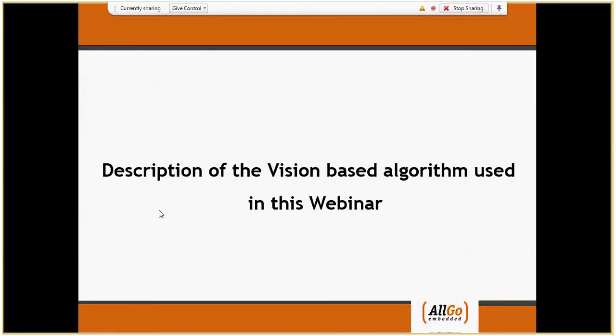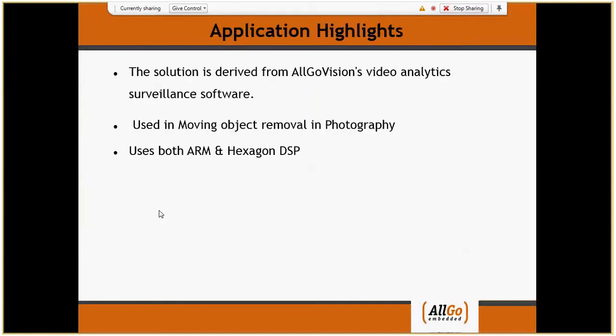Now we will go into the description of the vision-based algorithm used in this webinar. So the application highlights: the solution is derived from AllGo Vision's video analytic surveillance software. As I mentioned, we have an IP, a surveillance software which has been deployed worldwide, and we derived this object removal demo from this software.